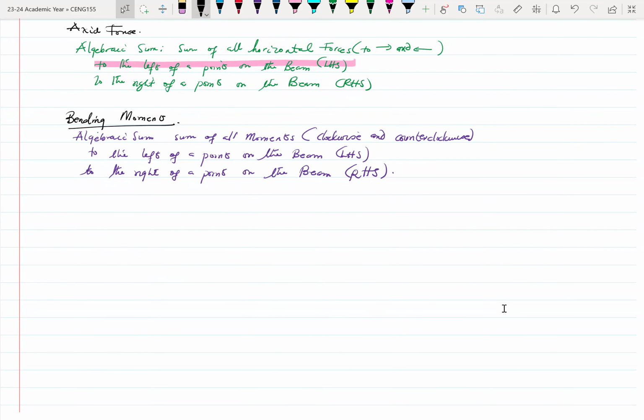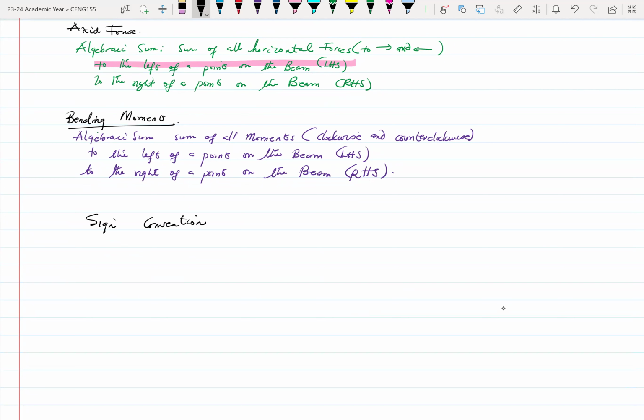Because I want you guys to think about that throughout the week. So with this one, we use a sign convention, all right? When you are dealing with external reactions, you decide what directions your reactions are in, and then you solve for them, right? So here, if it's clockwise, it can be positive or negative. It's up to you.